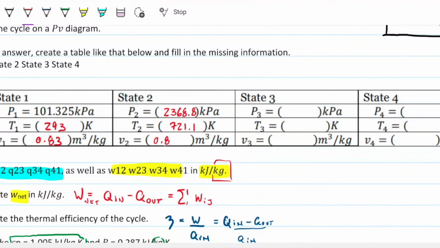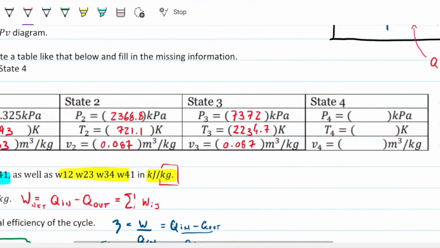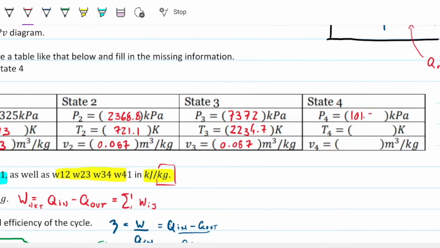About 8 times less, about 10 times less. 7,372. 2,234.7. The same one as before, right? Because it's isovolumetric, isochoric transformation. This one has to be the same as the first one. The temperature for this one is 656.7. And this is 1.84. Last one, 86, right? 86.